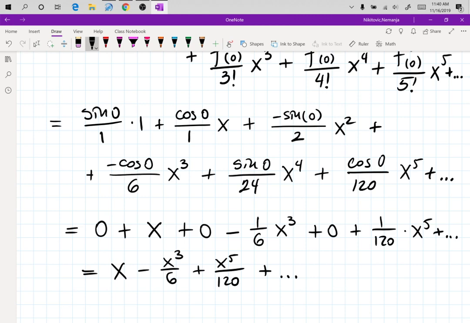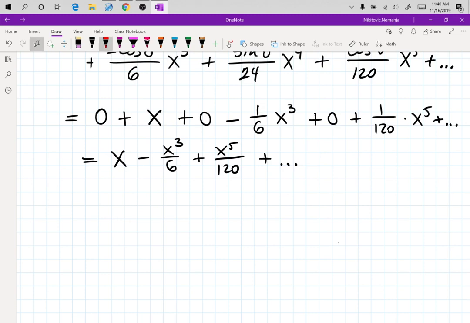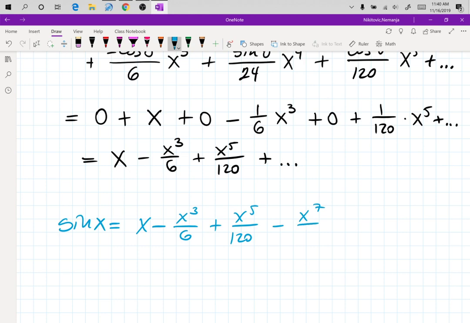This calculation claims that you can replace sine x with this polynomial. Now, I'm going to write that sine x can be replaced by x minus x cubed over 6 plus x to the 5 over 120 minus x to the 7 over 7 factorial plus x to the 9 over 9 factorial minus, and I'll put the 3 dots.